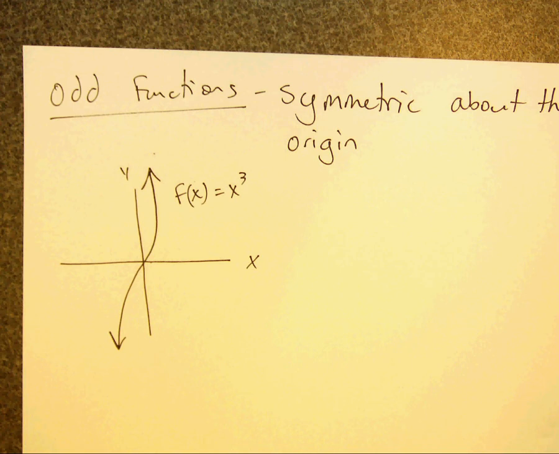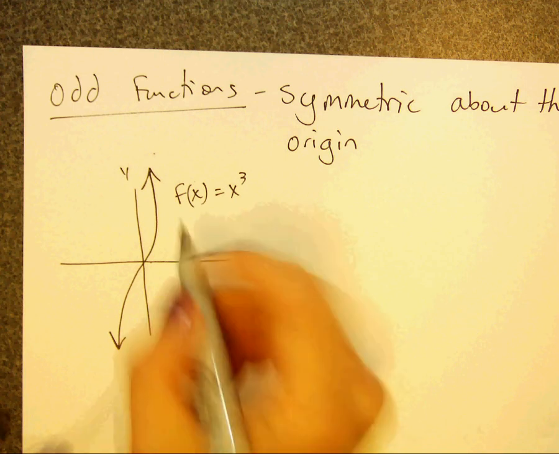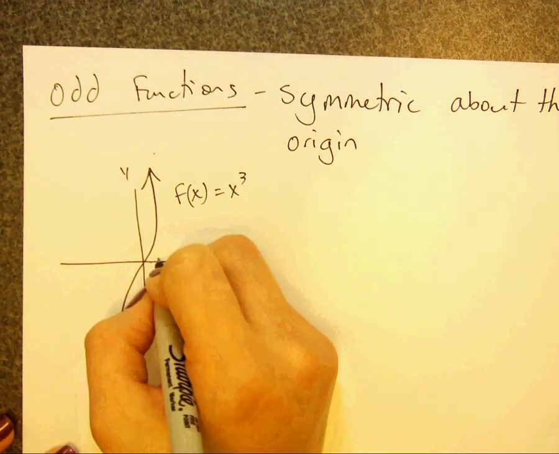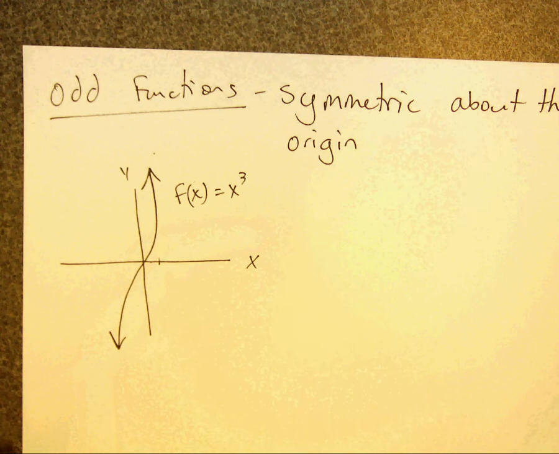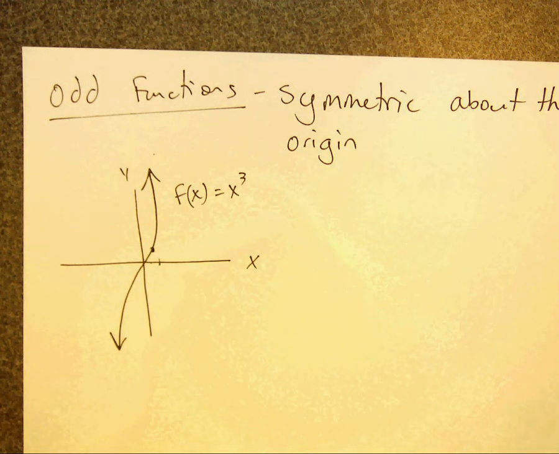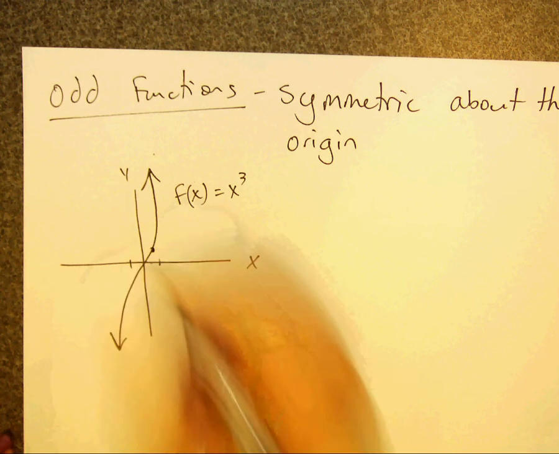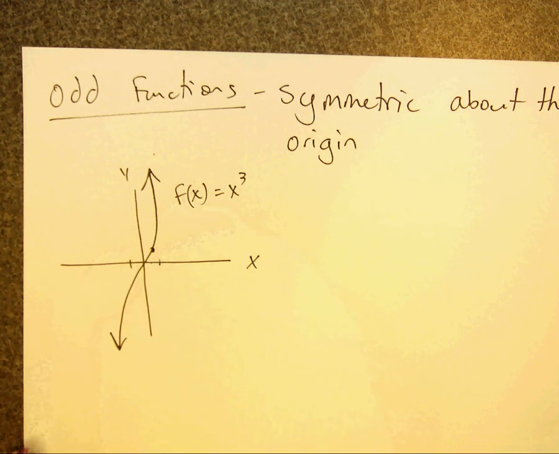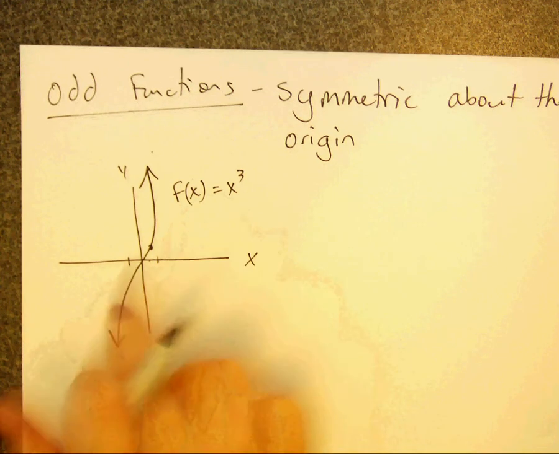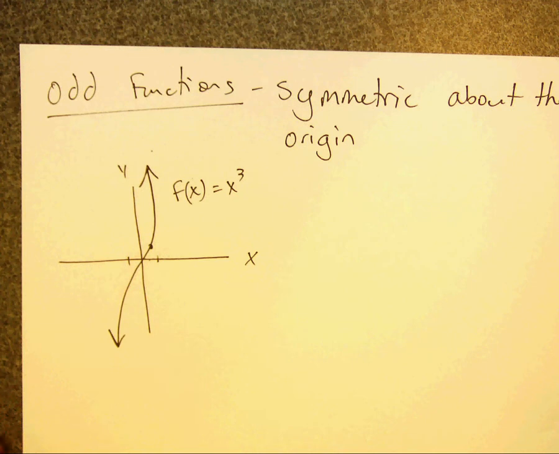And now here, with my cubic, if I plug in +1, I should get +1. And if I plug in -1, what's -1 cubed? -1, right? So if I plug in the opposite x value, I should get the opposite y value, right?